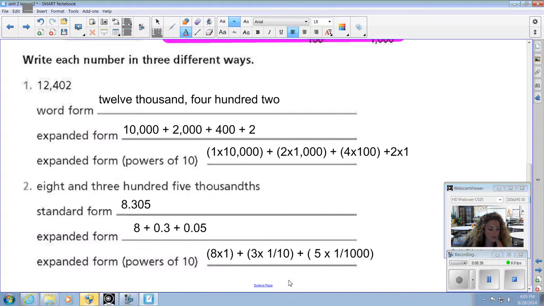Okay, because I'm multiplying it by the power of 10 that gets it into the proper place value.